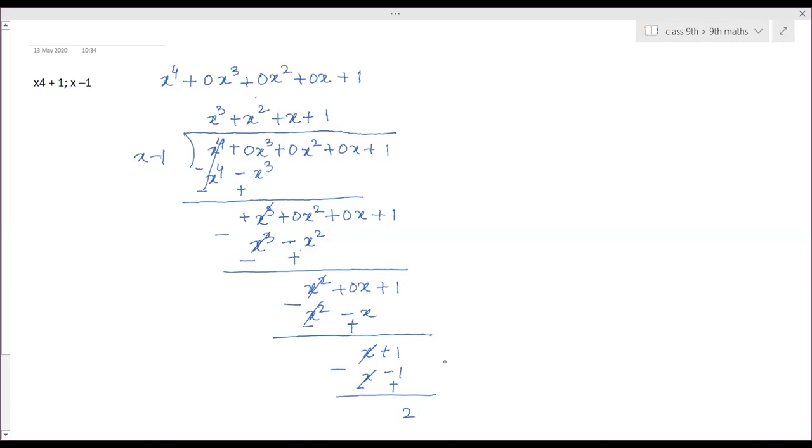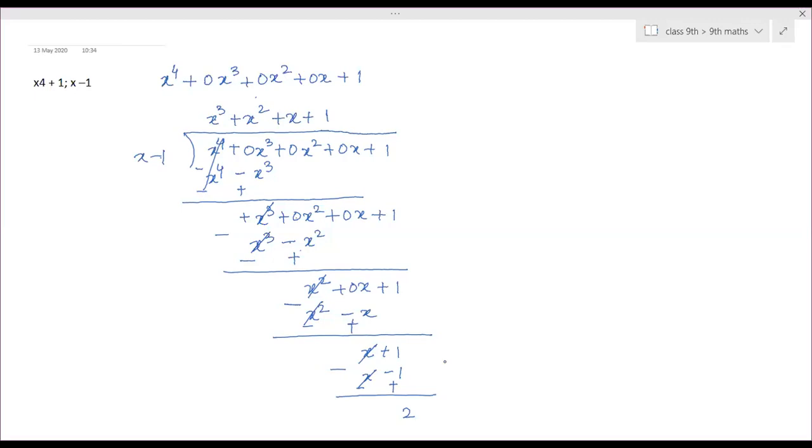Is this clear? Yes, ma'am. Without doing 0x cube, 0x square also we can do. If you don't take then also okay, but it will become easier. Ma'am, so whenever there's a question like this, you have to first take the terms in decreasing order and then do it.